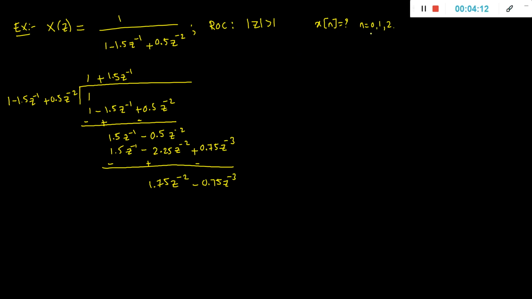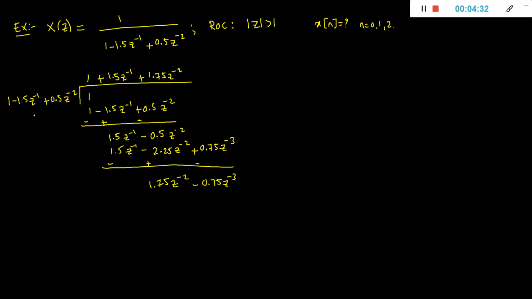Now since 3 values are asked, I already have the first and second values. I should go for the third value. Now the coefficient here is 1.75 z to the power minus 2, and here it is 1. So I multiply it with 1.75 z to the power minus 2.